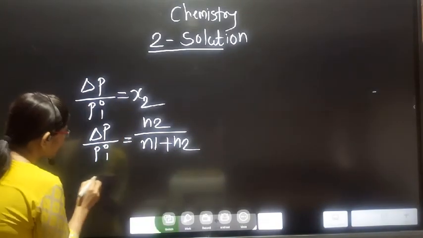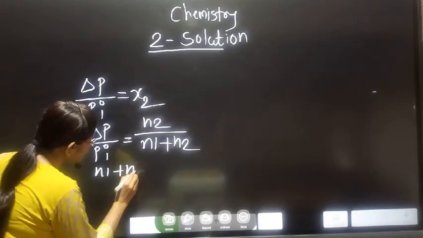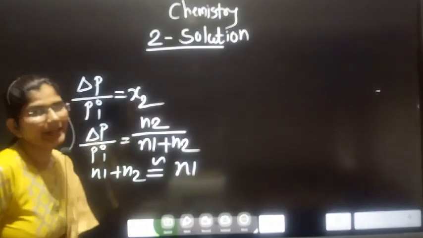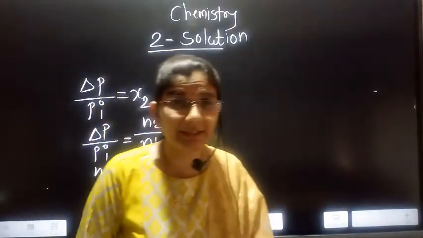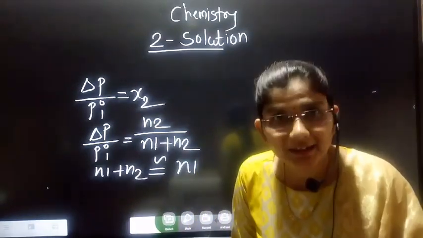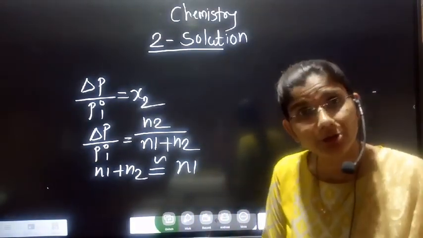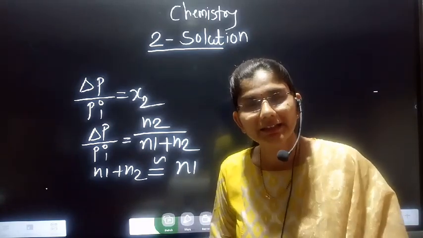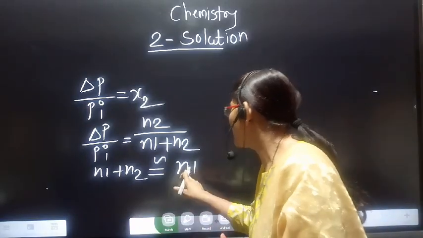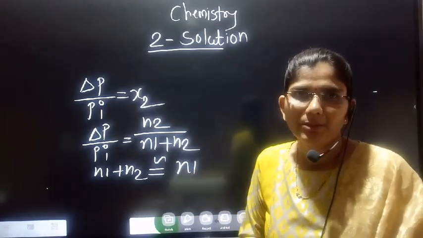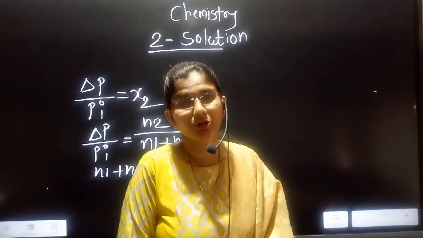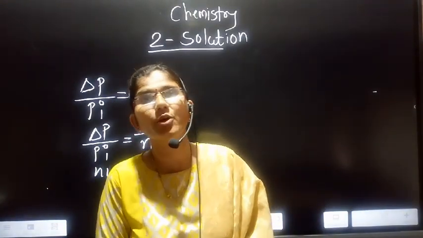But here the summation N1 plus N2 is nearly equal to N1. N1 means the number of moles of solvent, N2 means the number of moles of solute, and here we take a very dilute solution, and therefore N1 plus N2 is nearly equal to N1, because the colligative properties are studied for dilute solutions, with concentration less than 0.2.